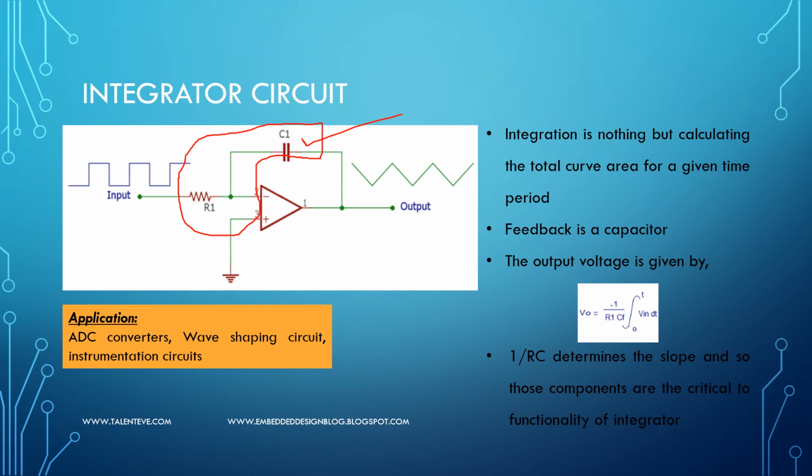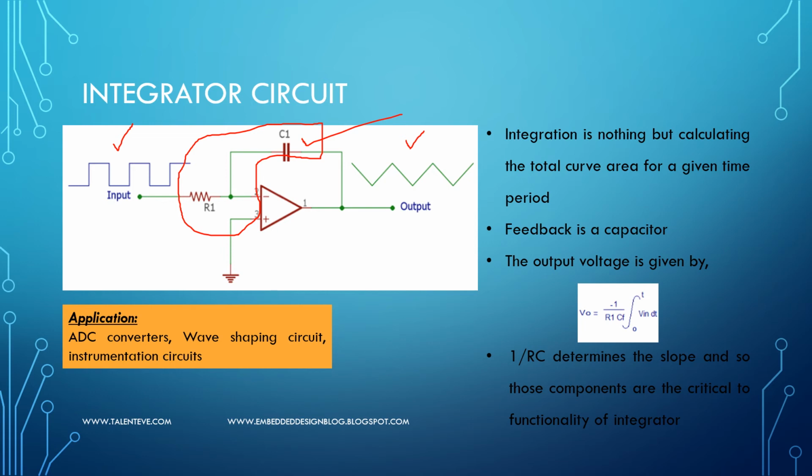When we say wave shaping inputs, you can see here a square wave provided as input gives a triangular wave output. The output voltage is calculated as minus 1 by R1 into C1, the product of this, into the integration of V input, which here is a square wave.